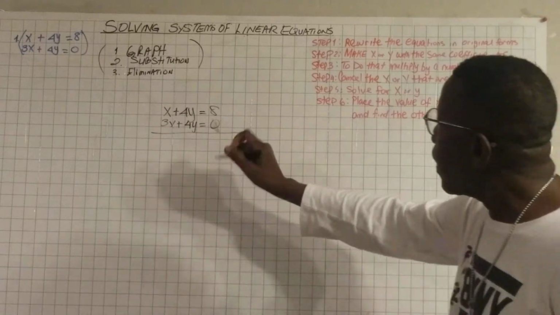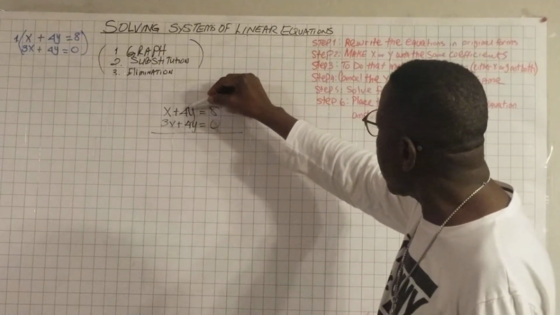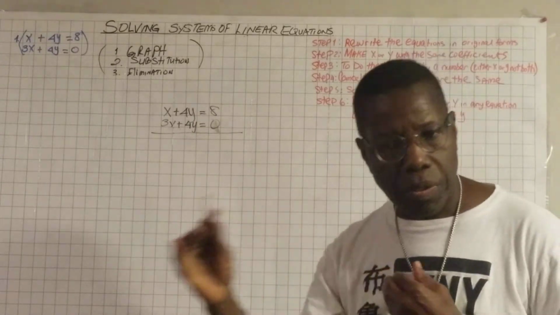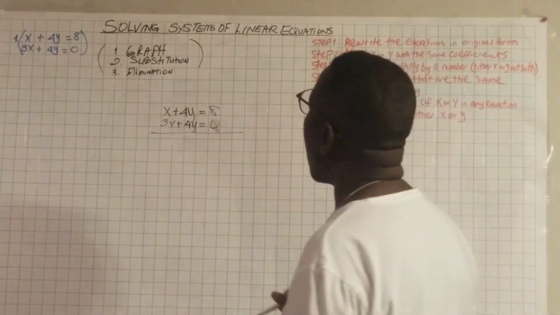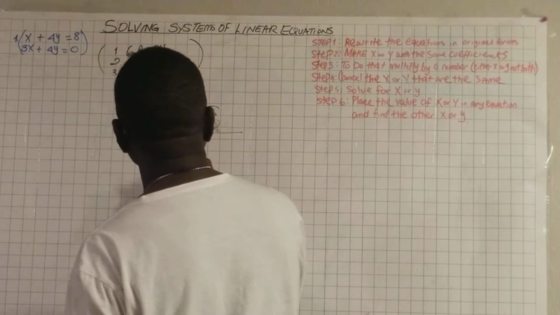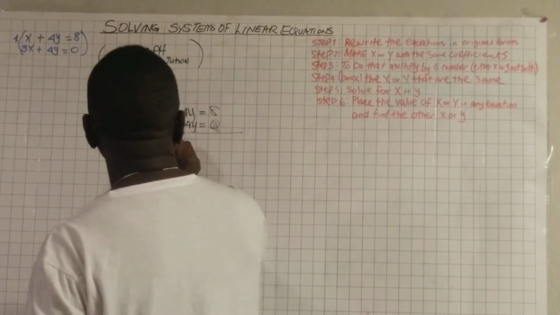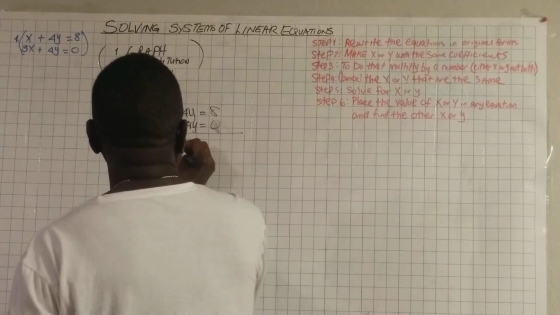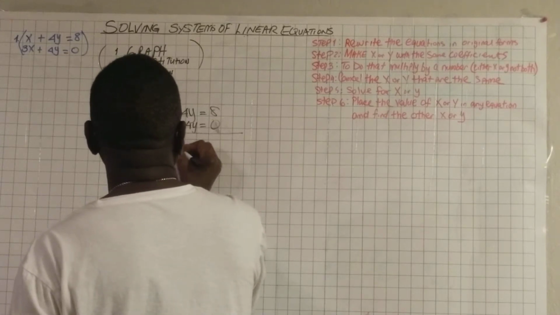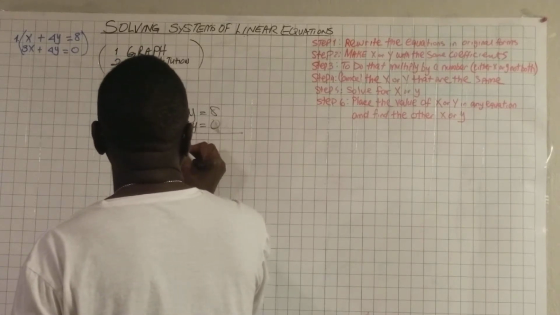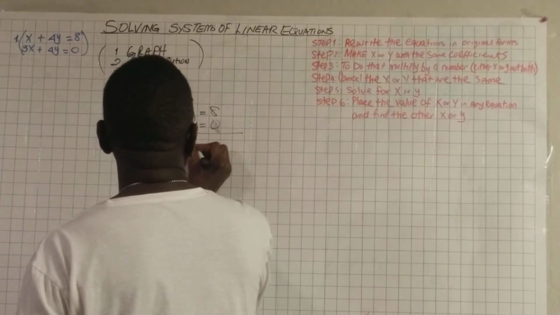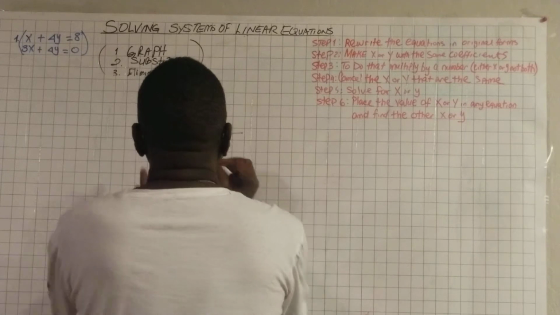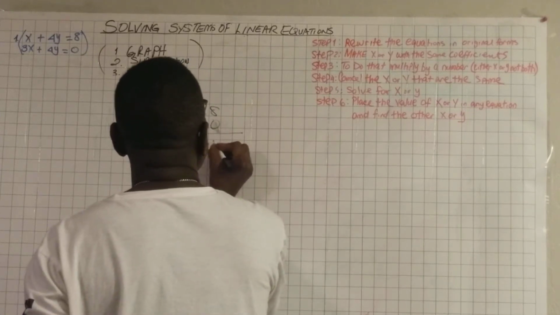In this case, the coefficients of y, this is 4, this is 4. So now I just need to get an opposite sign. So I'm going to multiply that first equation by -1. So I'm going to go here and say minus 1 times x plus 4y is equal to 8.